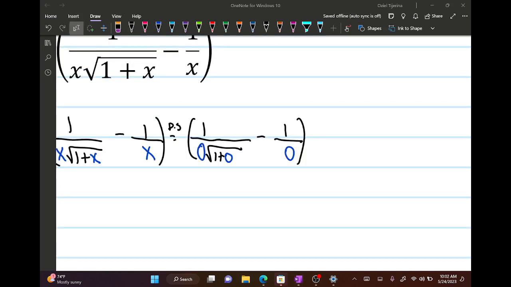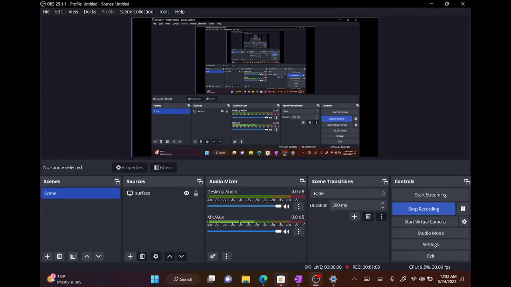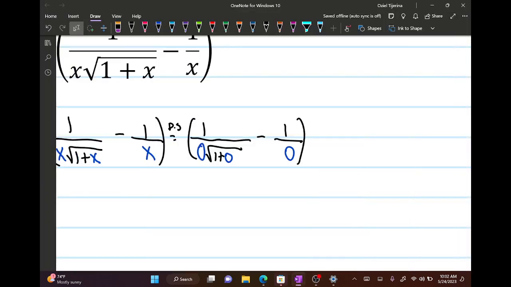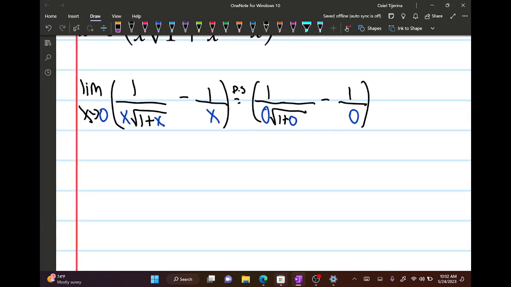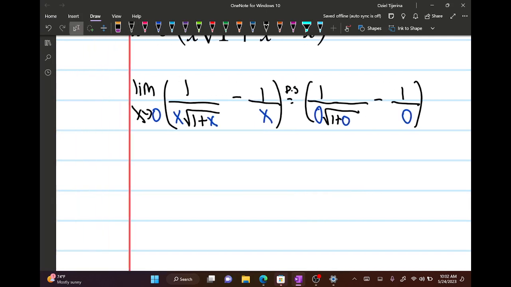Okay, so this is what we have here. Now obviously this can't work. It's a 1 over 0 kind of thing, minus 1 over 0. This is not 0, so don't be tricked here. It's undefined, meaning that it's indeterminate.